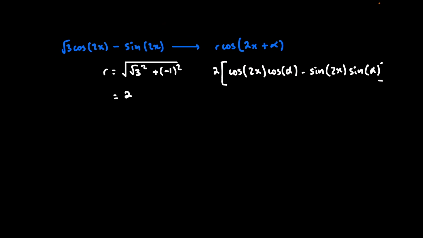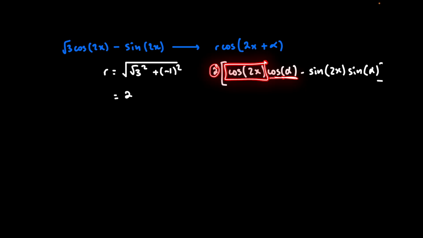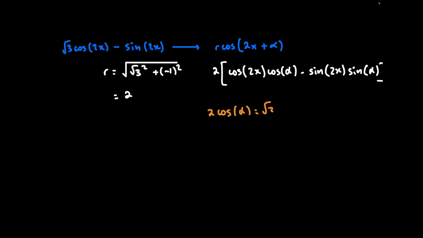So now that we have this, let us compare coefficients. We know that 2 times the cos of alpha is really just the coefficient of cos 2x. So the coefficient of cos 2x must also equal square root 3. So we can say that 2 times the cos of alpha must equal square root 3, and that means cos of alpha equals square root 3 over 2.